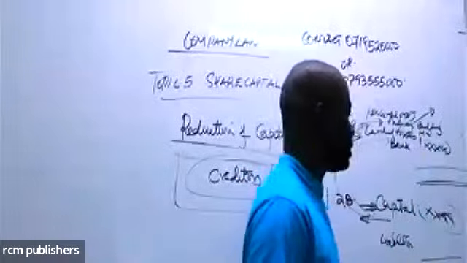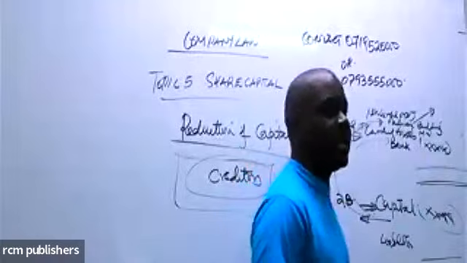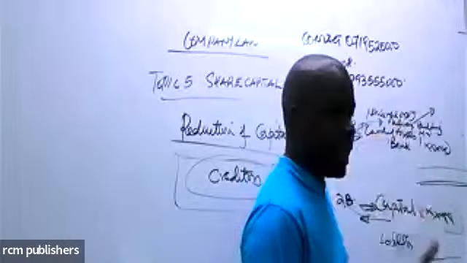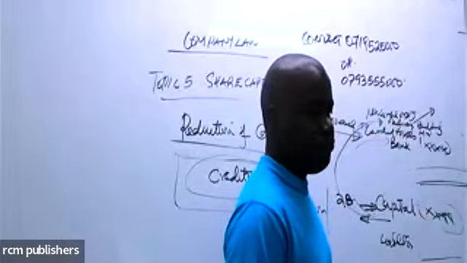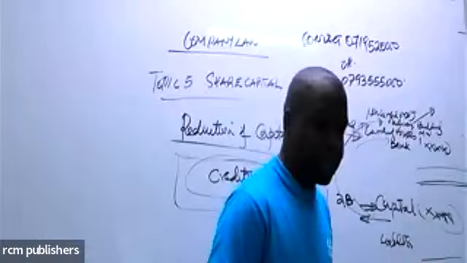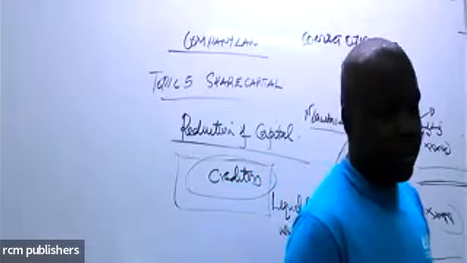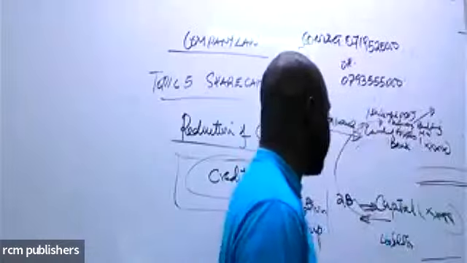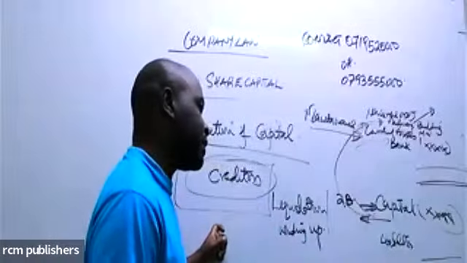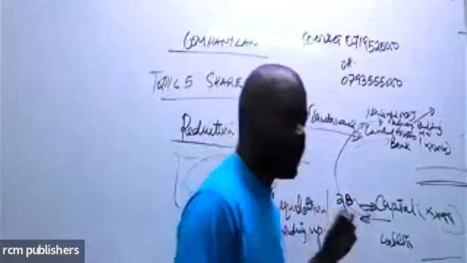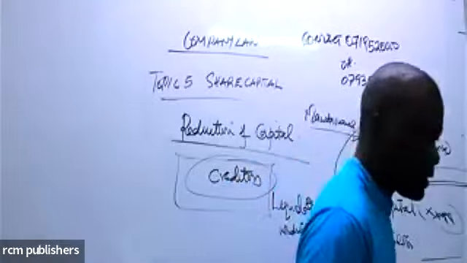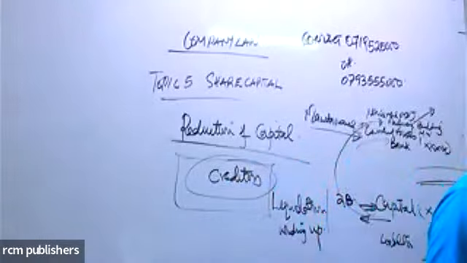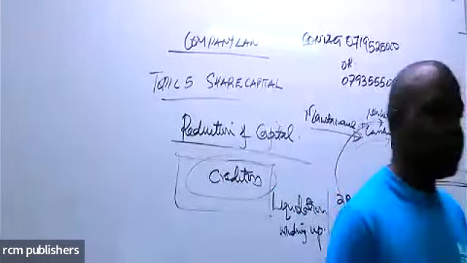So it simply means that, in short, when the company is having to be liquidated, if Tuskys has been liquidated today, it simply means that they sell off the assets of Tuskys. Wapate pesa, waanze kulipa nini? Creditors. Wakimaliza kulipa creditors, watakuja waanze kulipa nani? Wakina shareholders. Ndio maana tulikuwa tunasema that in this case, ordinary shareholders will be entitled to the rest.